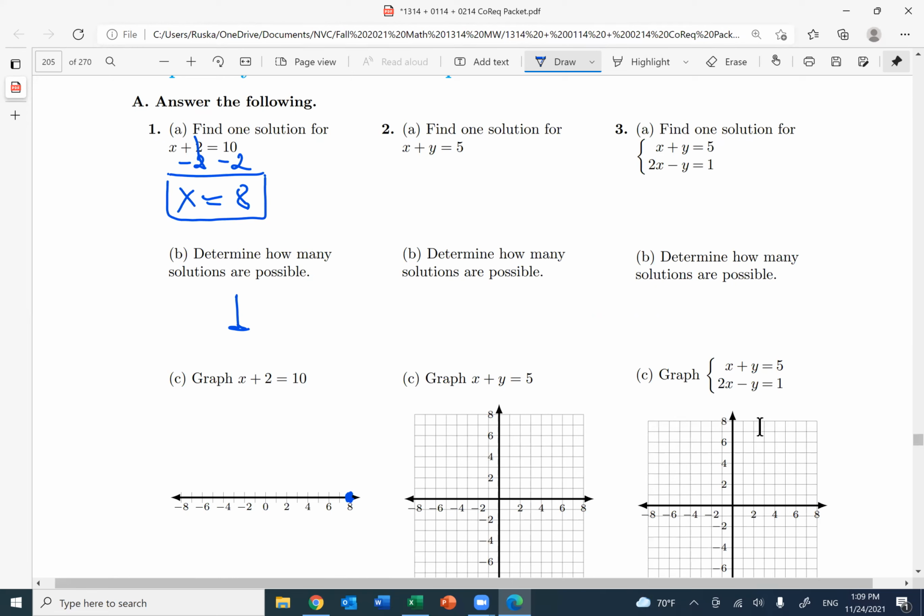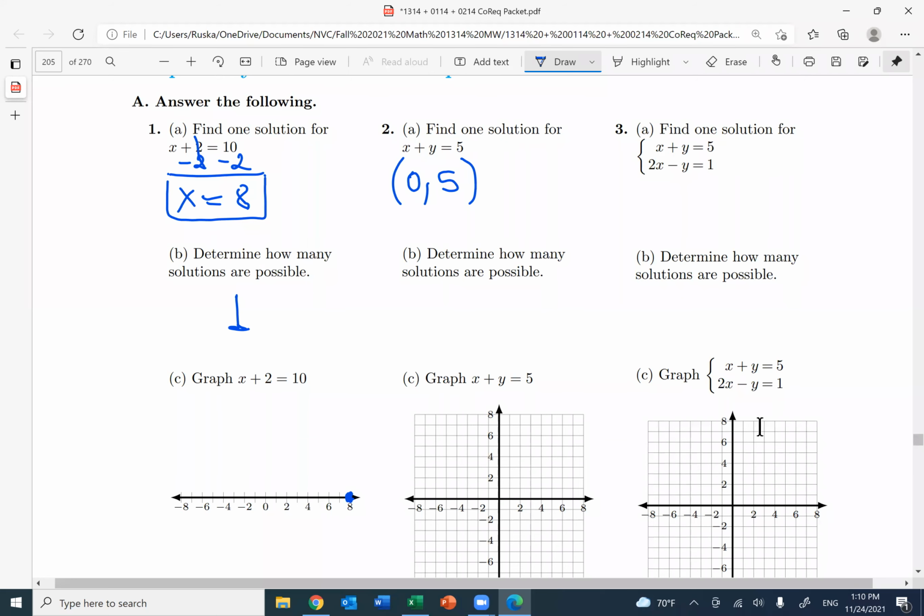Now, the second equation has x and y. This is the equation of a line. Let's pick a solution. When x is 0, y is going to be 5, because 0 plus 5 equals 5. So this is one solution. How many solutions are possible? Here we have many solutions.